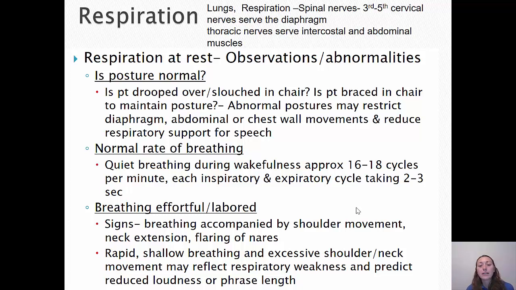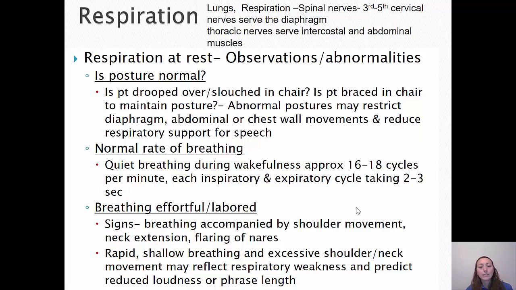If you're in the hospital, looking at someone who may have had a spinal cord injury, paralysis to the phrenic nerve for the diaphragm, or again, neurodegenerative populations, they might have a respiratory rate in the 30s, which is inefficient for appropriate phrasing or breath support for conversation, but that might be their new norm. So just keep in consideration that we're going to look for normal rate of breathing with our patients.